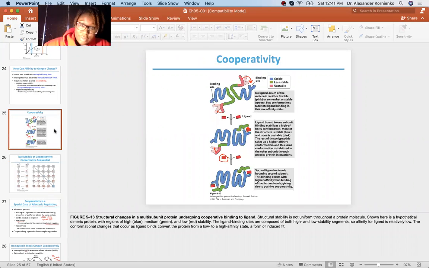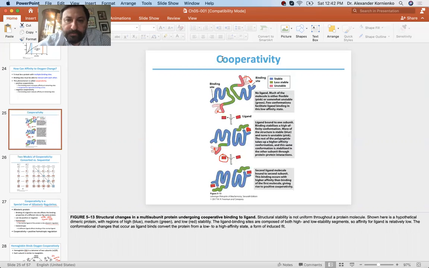Gotcha. Thank you. So you can see here, there are two binding sites, right? And so when the ligand binds to one of these sites, that affects the other binding site and makes it more hospitable to accept the ligand, right? So the first event facilitates the second event.